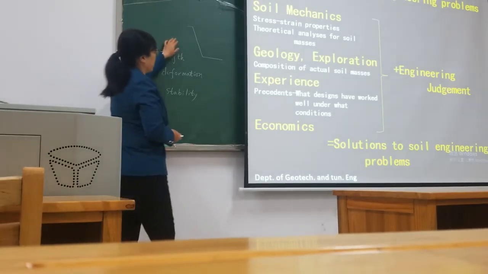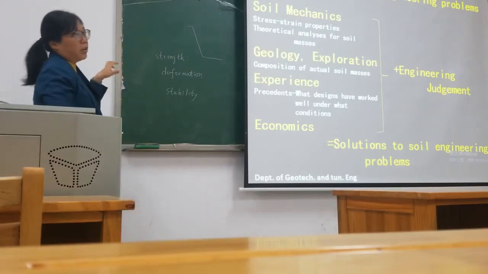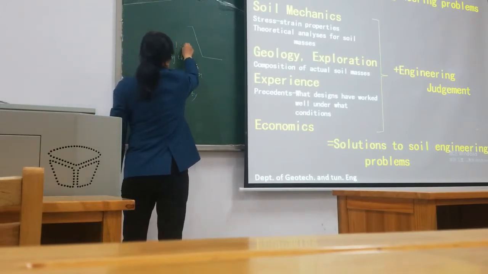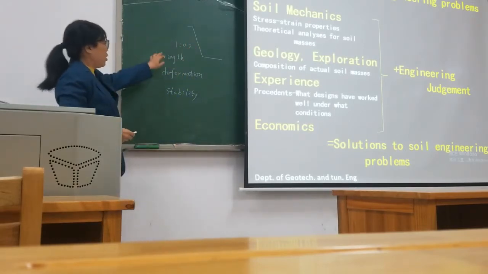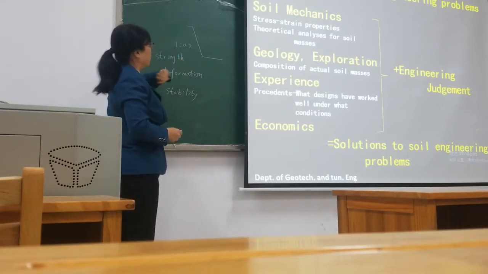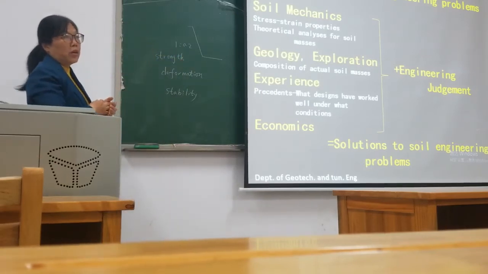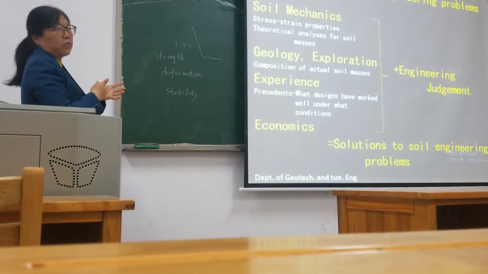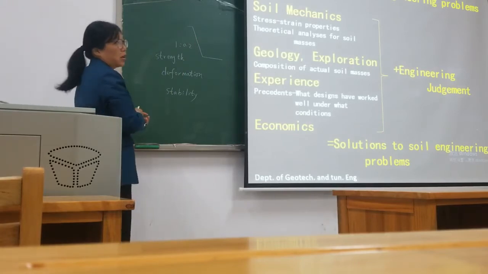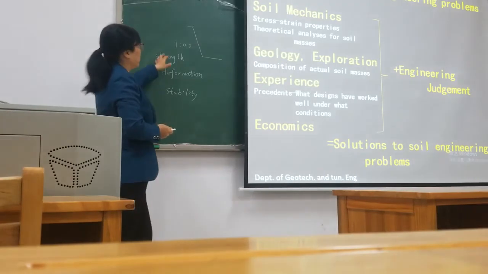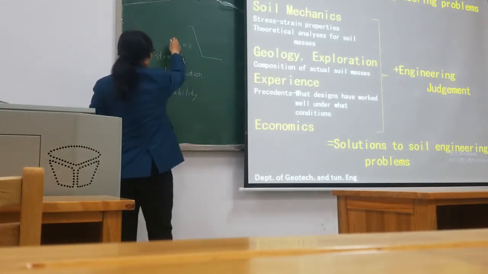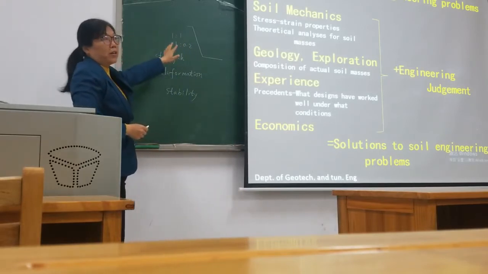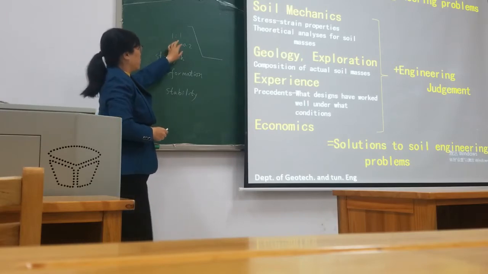We can determine or give the slope, maybe the ratio of 1 to 0.2. But for a soil slope, maybe we should use a ratio of 1 to 1 or 1 to 1.5.